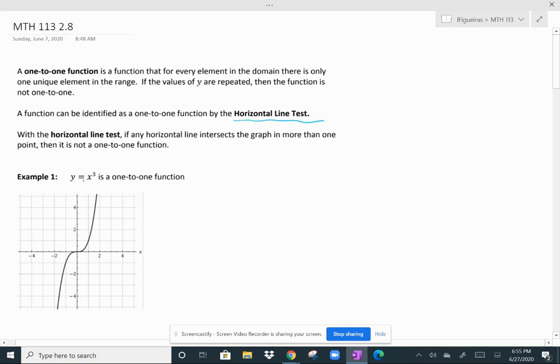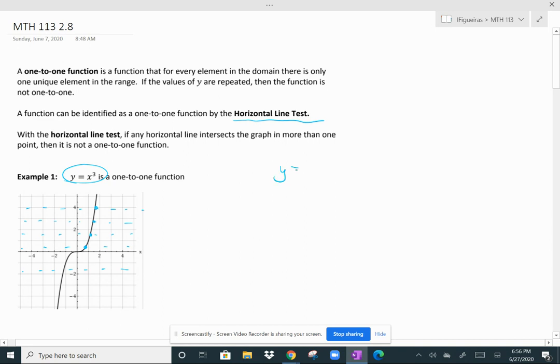Something like x cubed is a one-to-one function because if you imagine a horizontal line scanning through this graph, at any point it will only touch the graph once. If it touches it twice, it would fail.